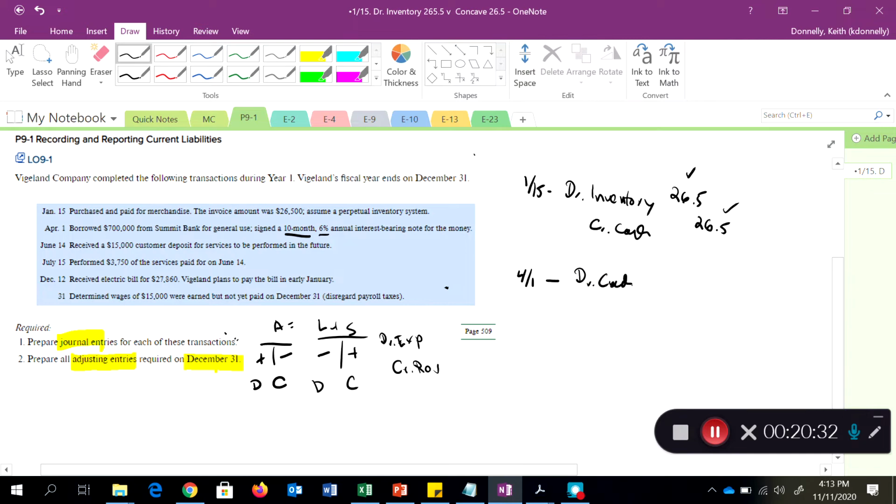Debit cash, 700,000. Credit note payable, 700,000. Because it's due in the next 10 months, it's going to be a short-term note payable, right? Remember we said the line of demarcation for long-term and short-term is 1 year.